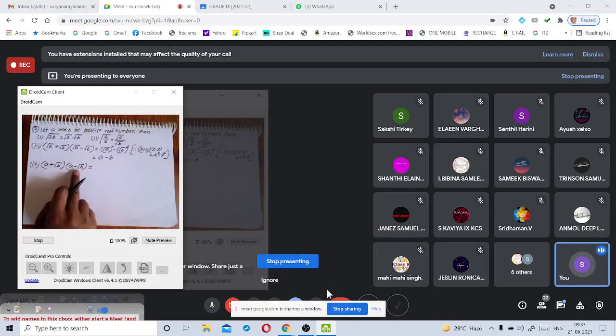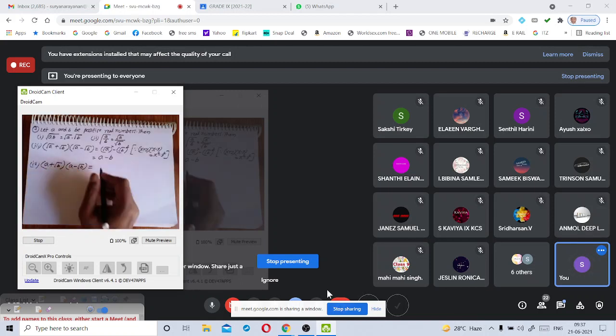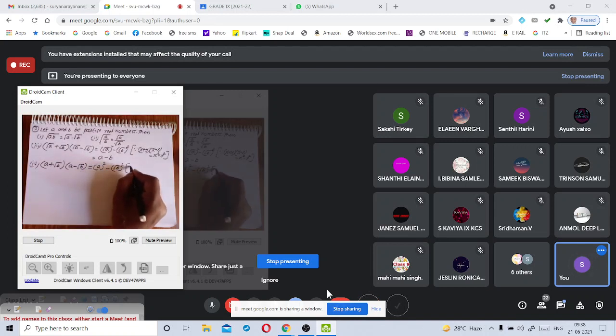If you observe these two expressions, these are also in the form of x plus y into x minus y. So here also we can use the same algebraic identity, where x is equal to a and y is equal to root b. So we get a square minus root b whole square, by using the identity x plus y into x minus y is equal to x square minus y square.